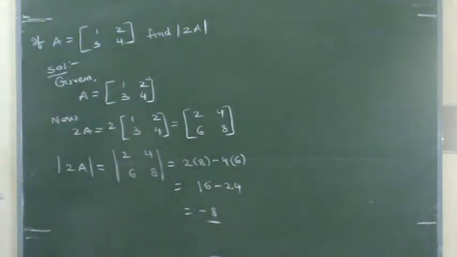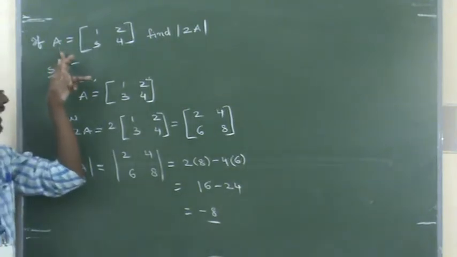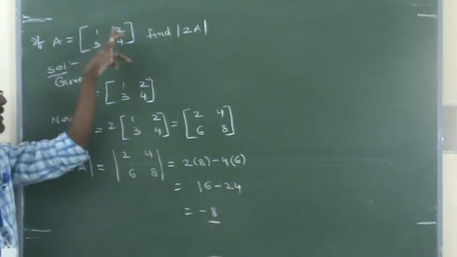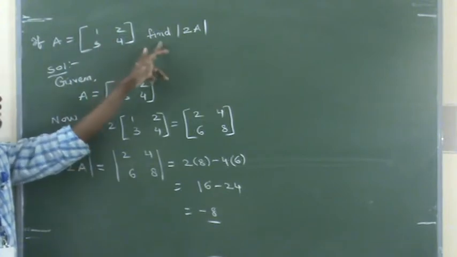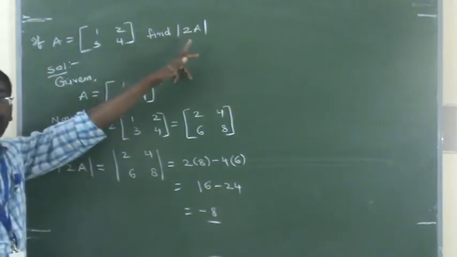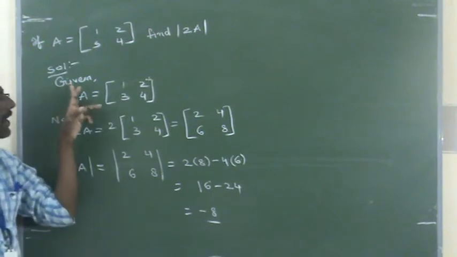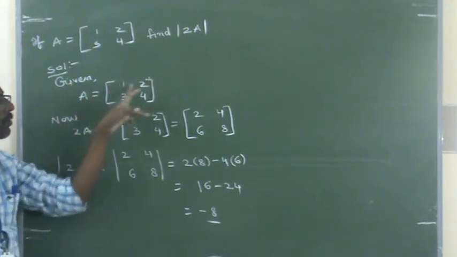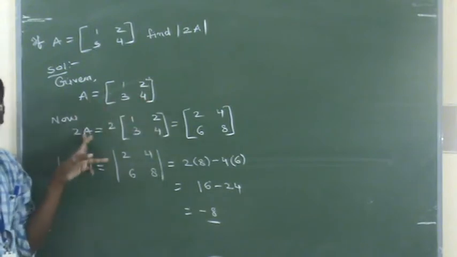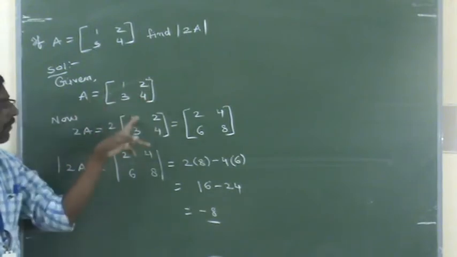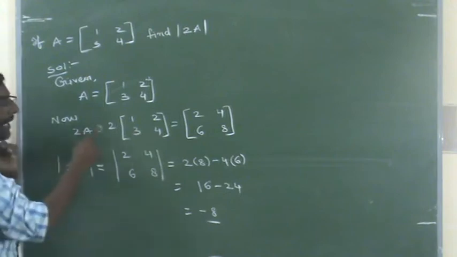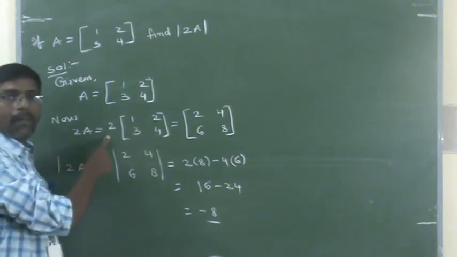Let me summarize. The given matrix A can be written as 1, 2, 3, 4. Find the determinant of 2A. The matrix 2A is 2 times 1, 2, 3, 4. It is a scalar multiplication of a matrix.